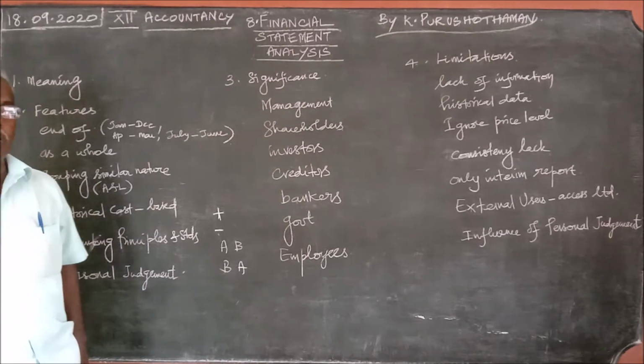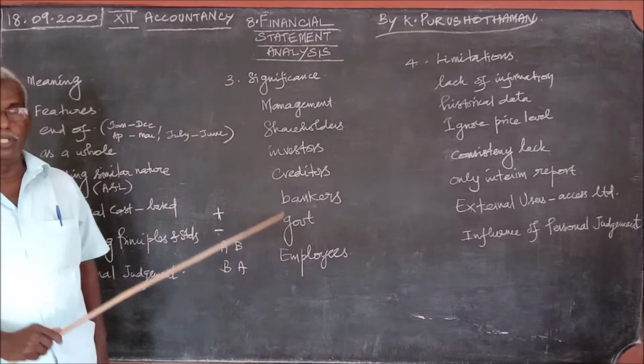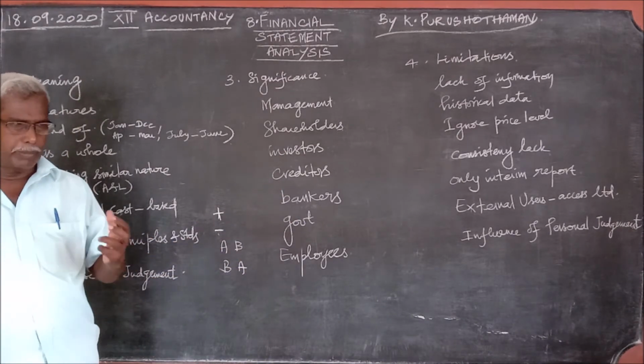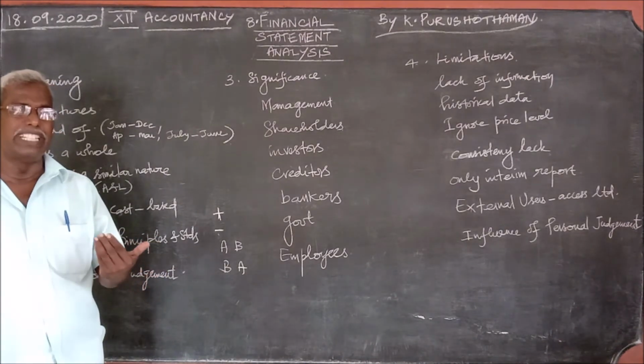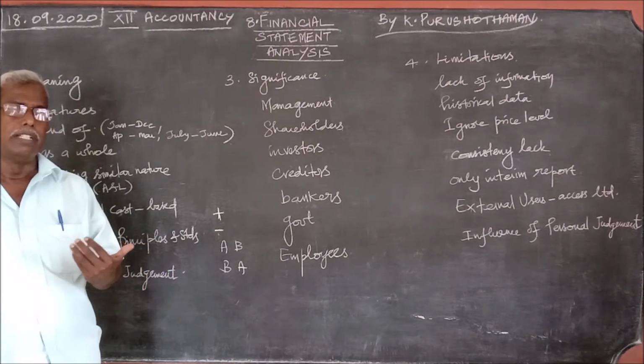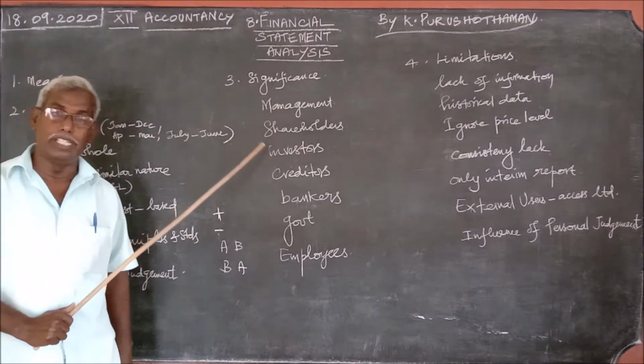Then, what for and how far is the government involved in it? The government is expecting tax from the profit that the business has earned.